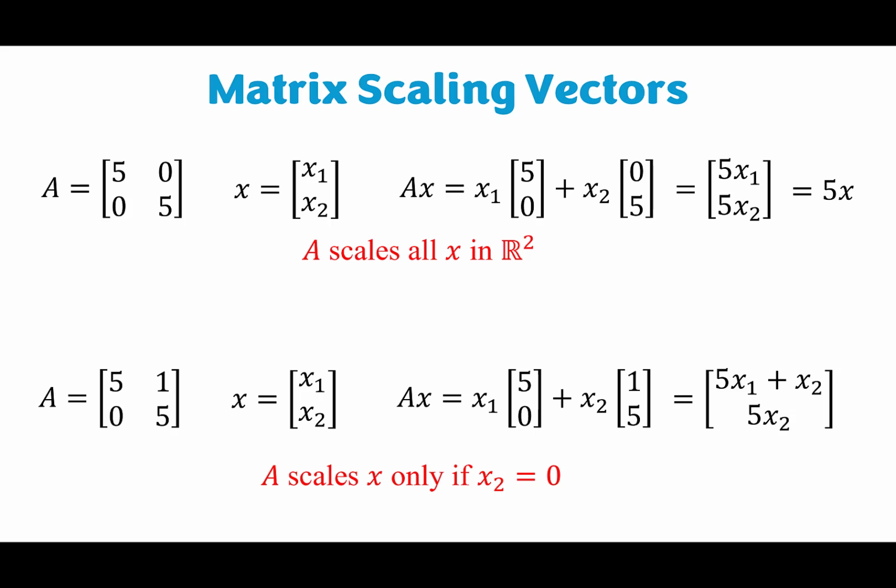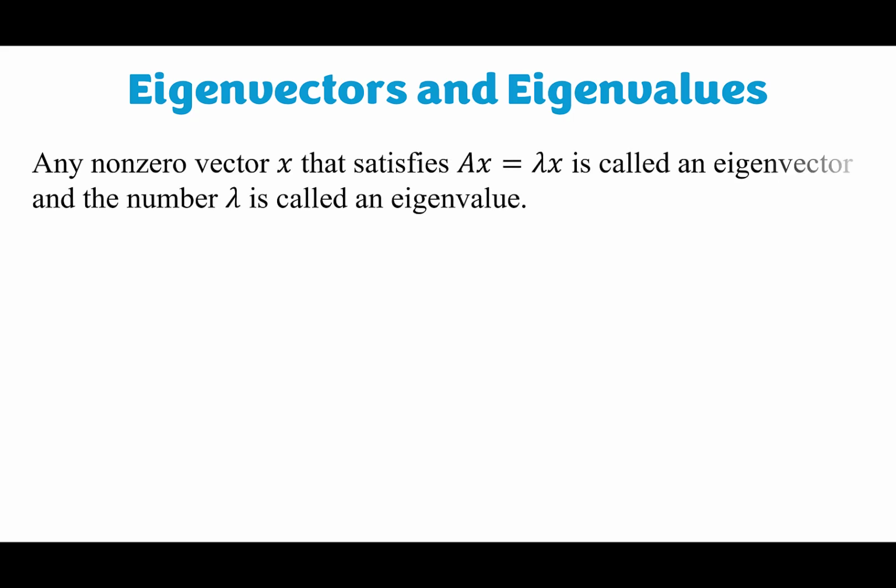This time, not all vectors in R2 were purely scaled by the matrix A when you do A times x. And this leads us nicely into the ideas of eigenvectors and eigenvalues. Now, what are those? Well, any non-zero vector x, so x has to be non-zero, it can't be the zero vector.